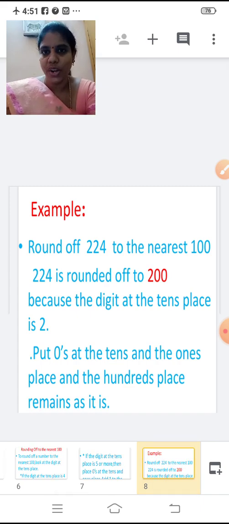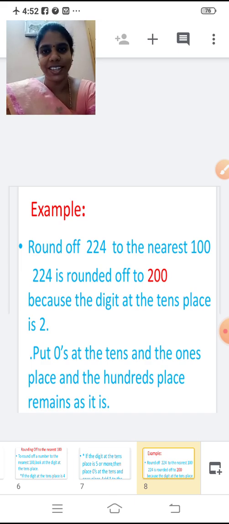Round off 224 to the nearest 100. So now see the digit at the tens place. Now what digit are we having at the tens place? 2. So 2 is less than 4, right? If the digit is 4 or less than 4, what you have to do?